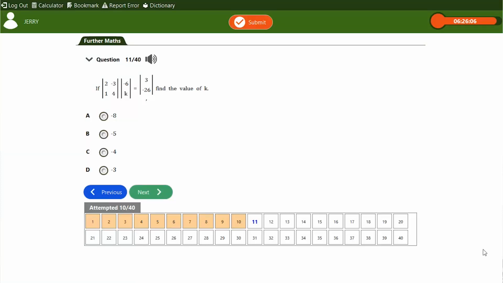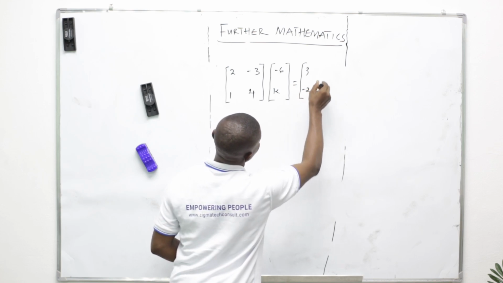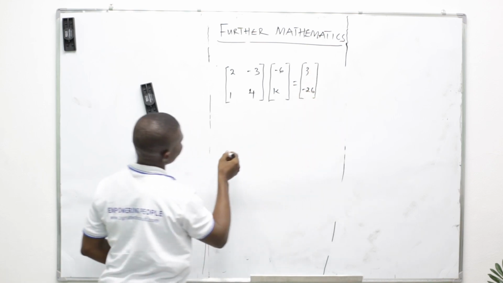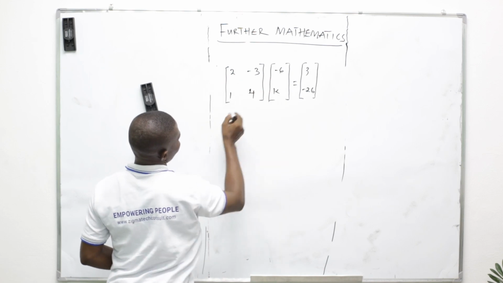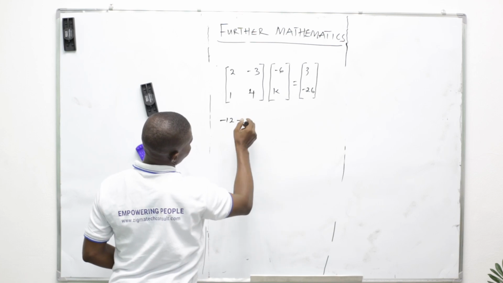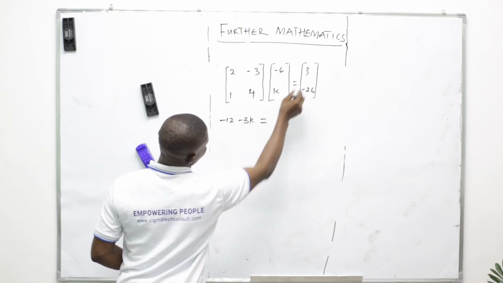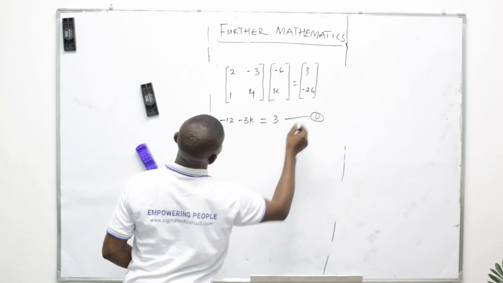This is 4, multiplying this minus 6, and this is k, equals 3 minus 26. 2 times minus 6 is minus 12, plus minus 3 times k is minus 3k, equals 3. You can call it equation 1.